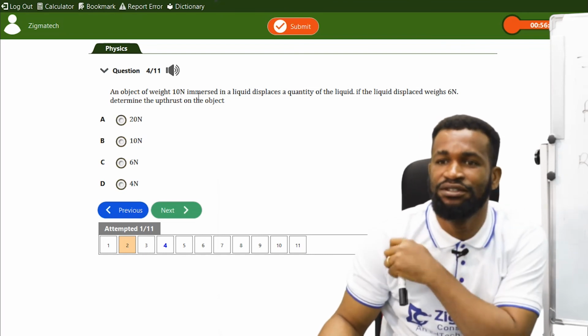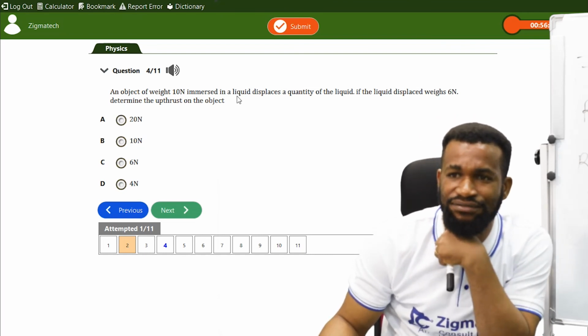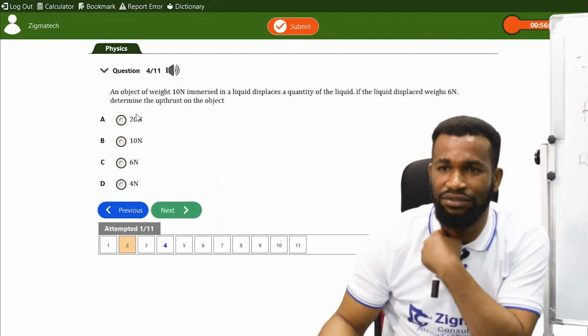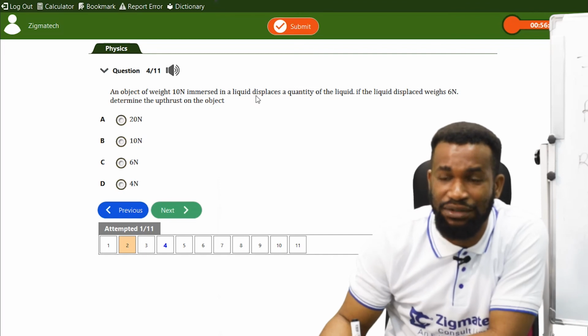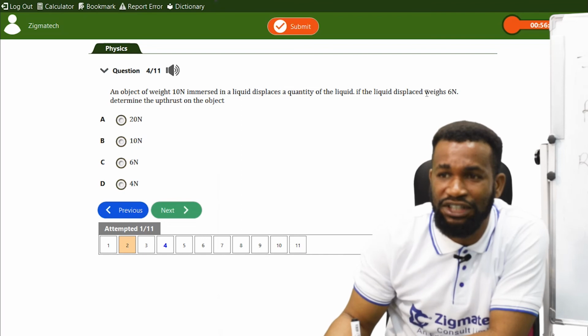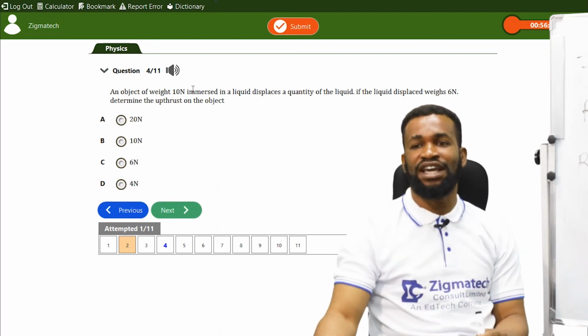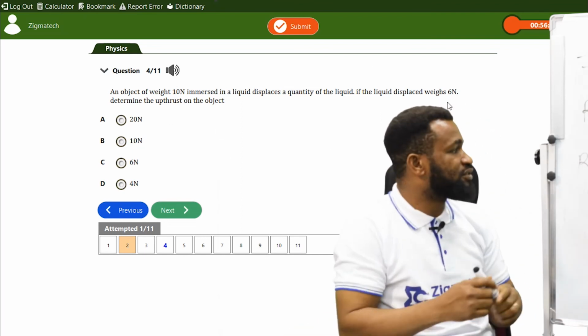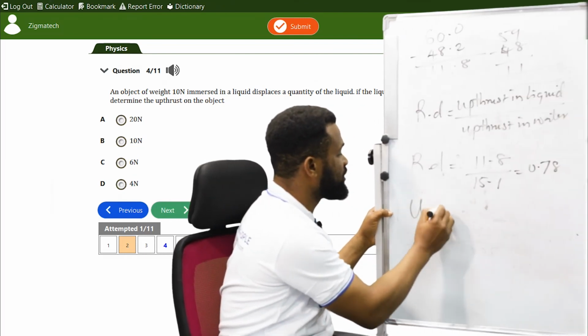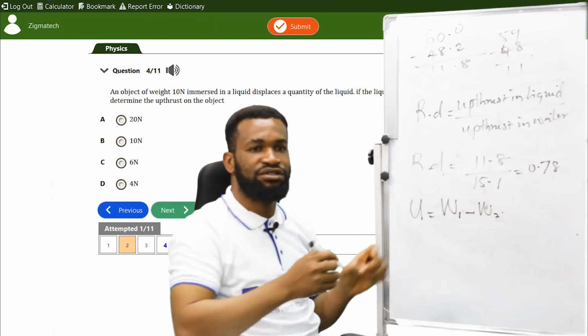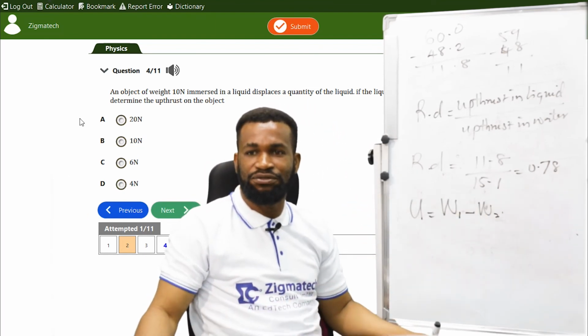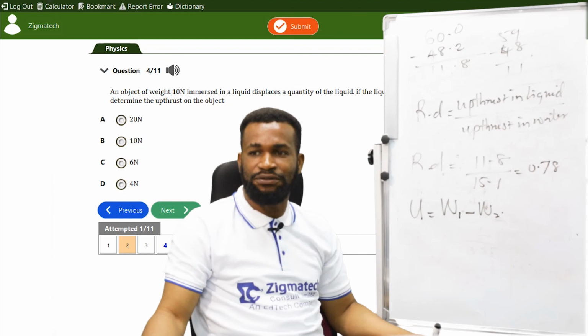What you are going to do is 10 subtracting 6, because remember that upthrust is weight in air minus weight in liquid. So 10 subtracting 6 is going to be 4, and the option is D.